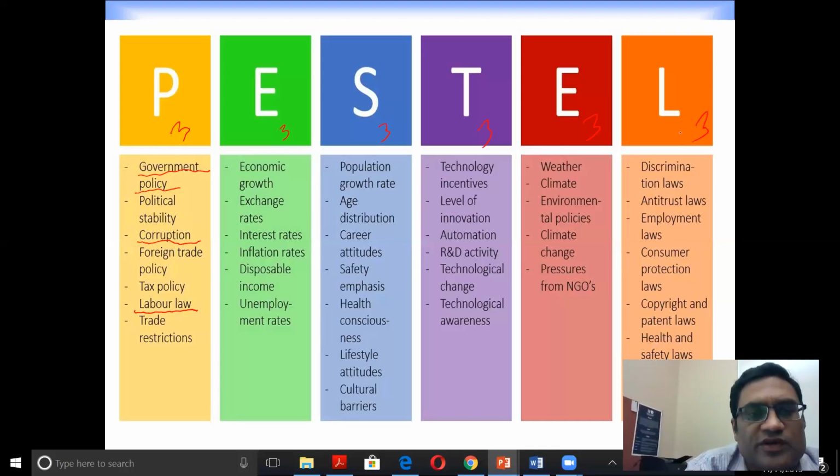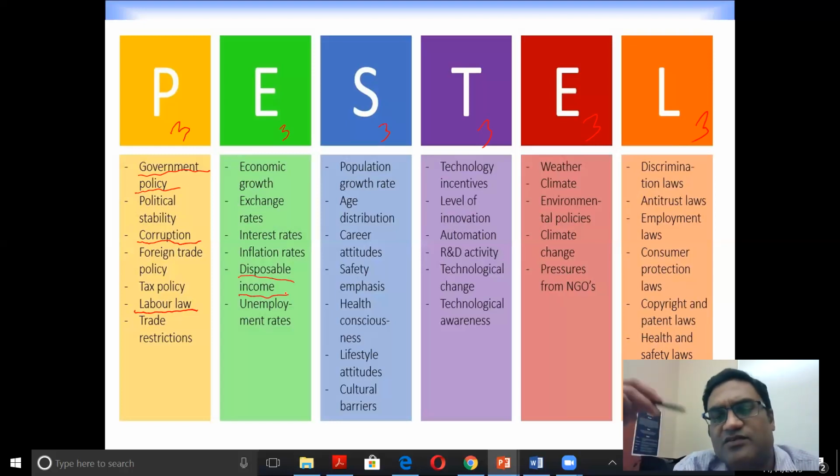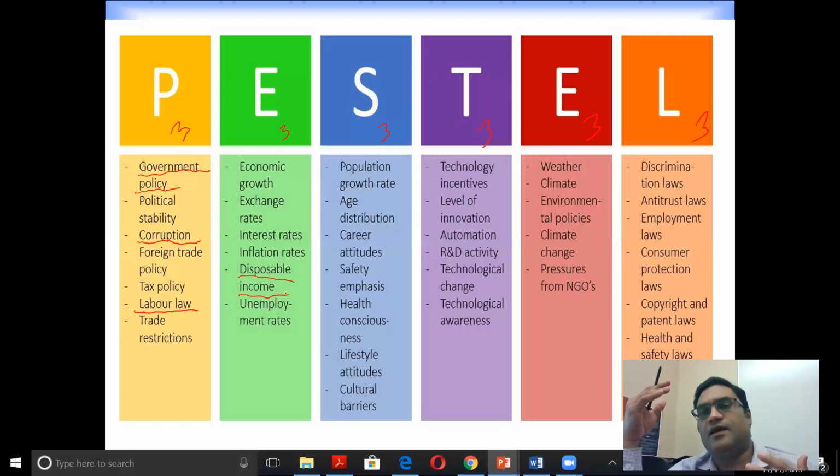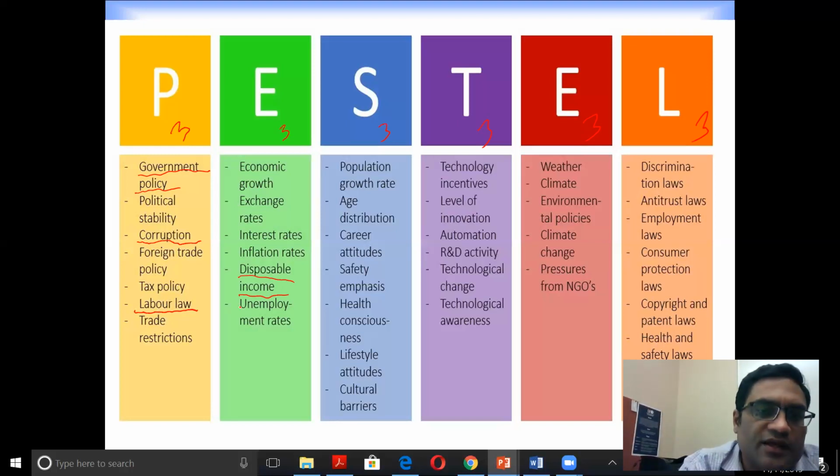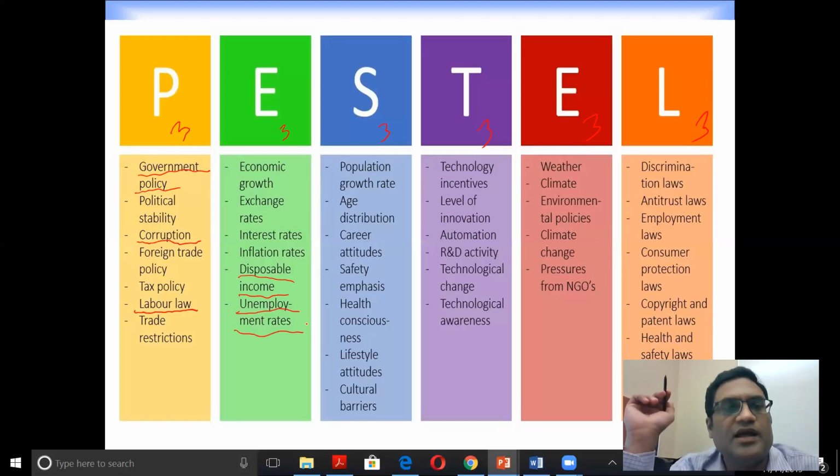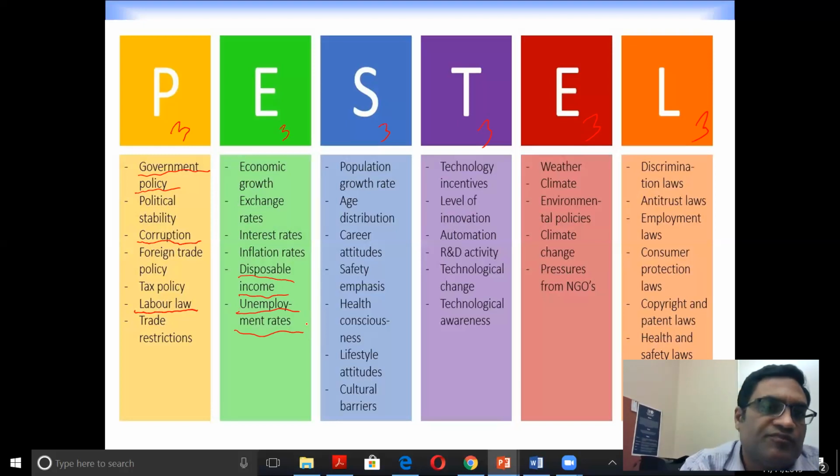So let's just pick over here. Let's say disposable income would be important. And again, pick the factors that are important for your company. Since this is a children's hospital, the patient's parents should have money to spend on your hospital. Then unemployment rates: if a lot of people are unemployed, then they probably may not have money to pay for the health services that you provide.